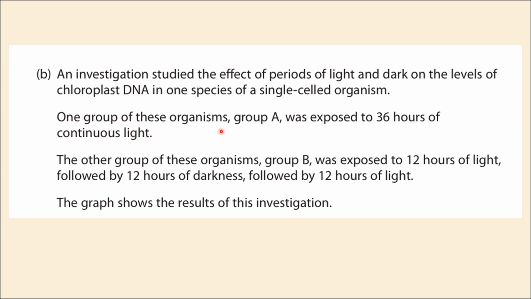One group, Group A, was exposed to 36 hours of continuous light, and the other group, Group B, was exposed to 12 hours of light, followed by 12 hours of darkness, followed by 12 hours of light. The graph shows the results of this investigation.